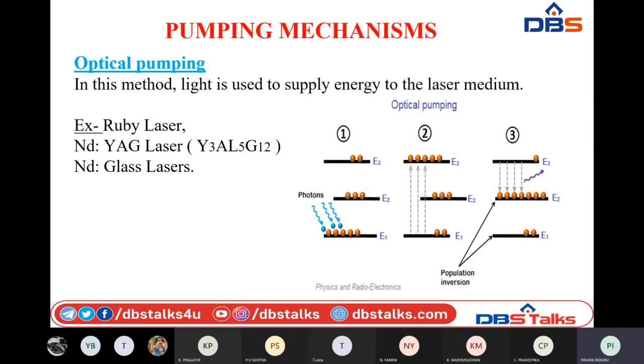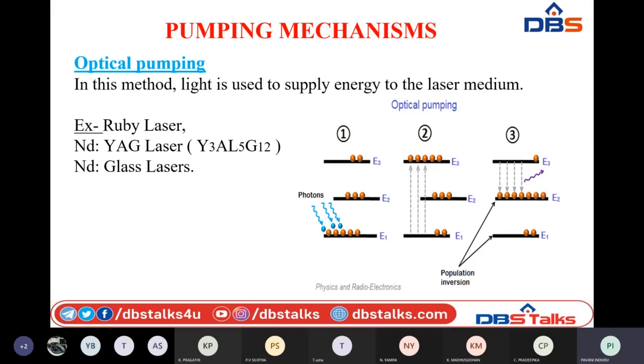Here the lifetime of the metastable state is in the order of 10 power minus 3 microseconds. That means here they can stay for a longer time. That is why population inversion is achieved between the states E1 and E2. Then if we incident one chance photon which triggers the stimulated emission process, it is absorbed by the atom present in the metastable state E2.